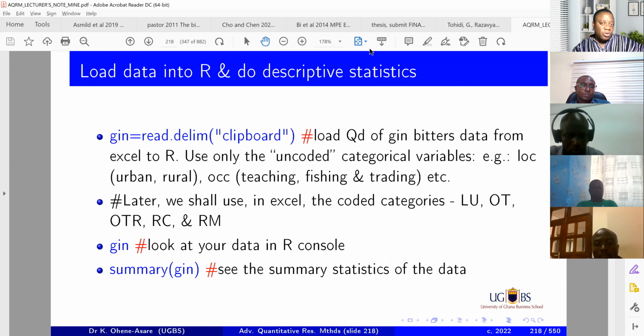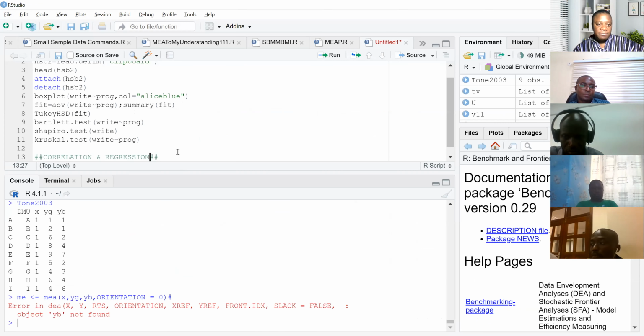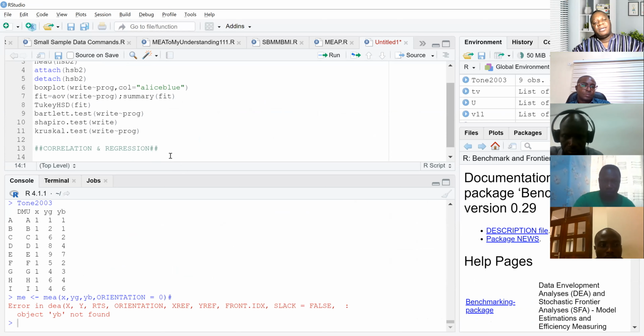So let's go to R. Go to your R command. After your heading, we are going to type the name of the data, and then we'll bring the data to R. Remember, anytime you want to work in R, you have to give a command for the name of the data.